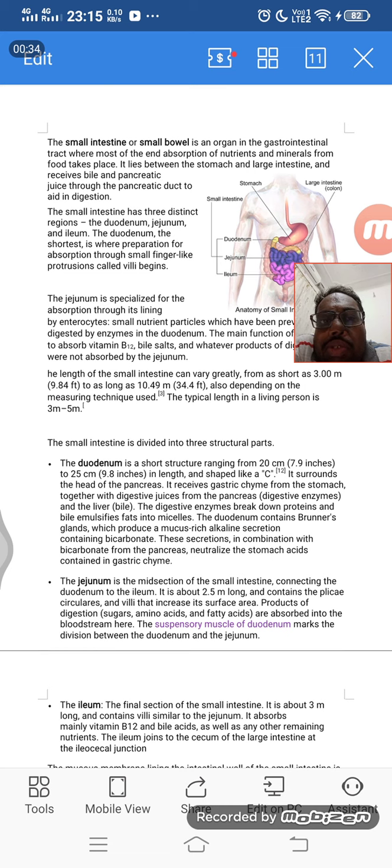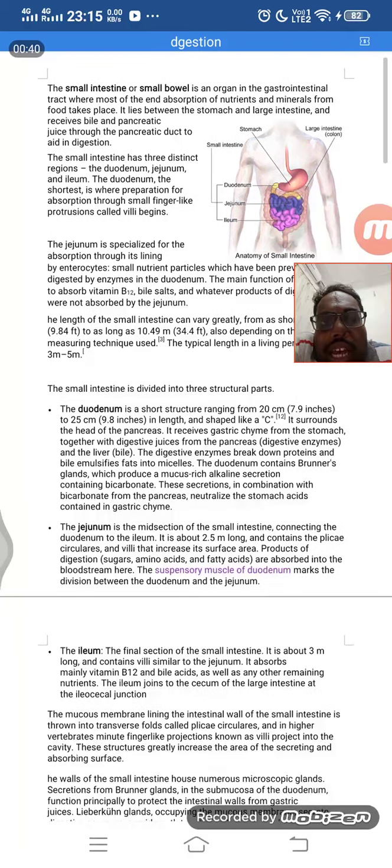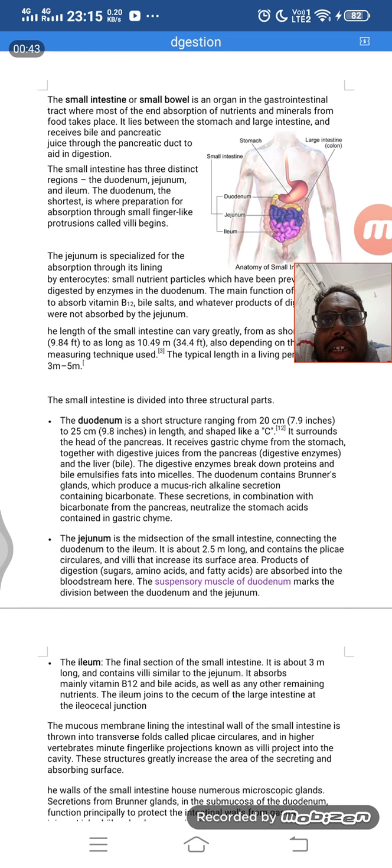First of all, the food has reached the stomach, and the next part that comes is the small intestine. If you see this diagram, we can see that three parts are there: duodenum, jejunum and ileum, given in different colors.